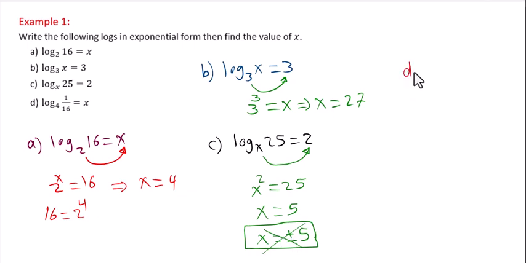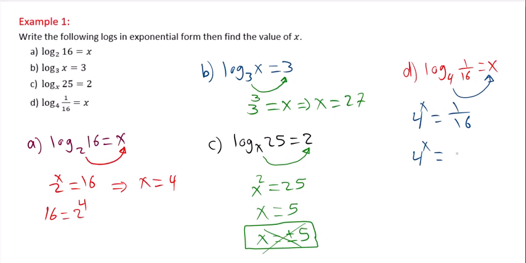Okay, let's go for D. We are given log to base 4 of 1 over 16 equals x. Okay, how to convert it into exponent form? So 4 to the power x equals 1 over 16. In order to solve this exponential equation, 1 over 16 can be written like 16 to the power of negative 1.